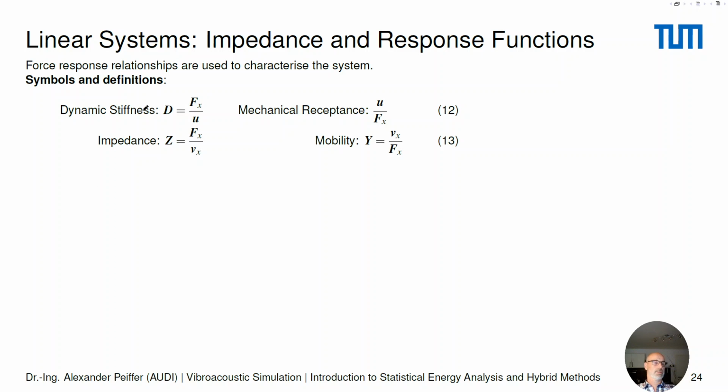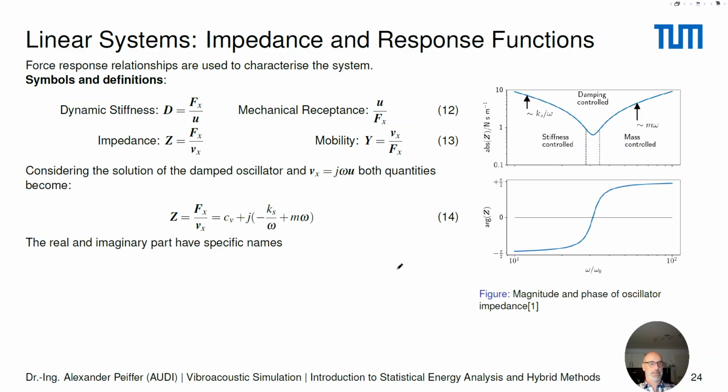We start with the dynamic stiffness. It's the ratio of force per displacement, and the reciprocal is the mechanical receptance. Often we rely on the velocity, and in this case we call it the mechanical impedance, with the force divided by the velocity, and the reciprocal of the impedance is called the mobility.